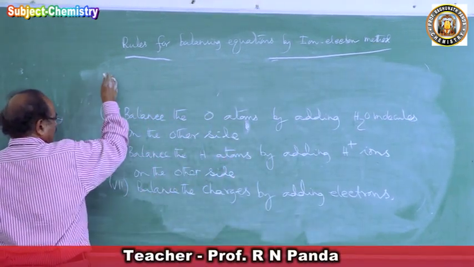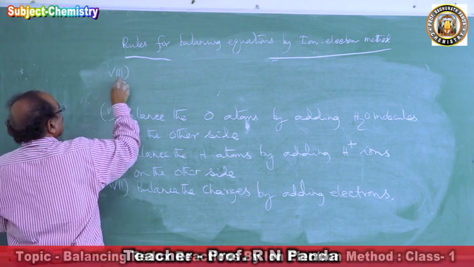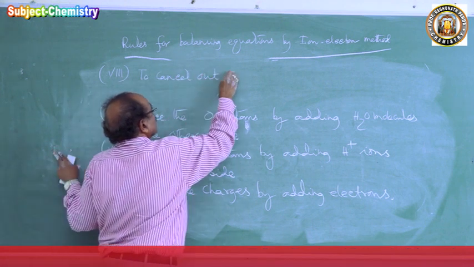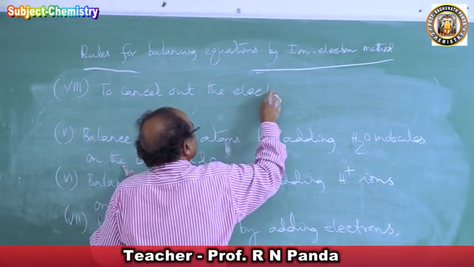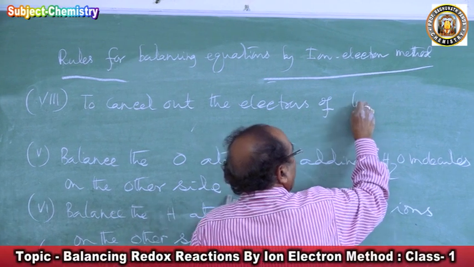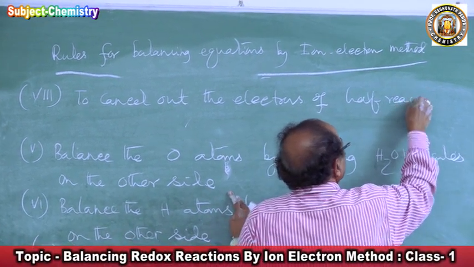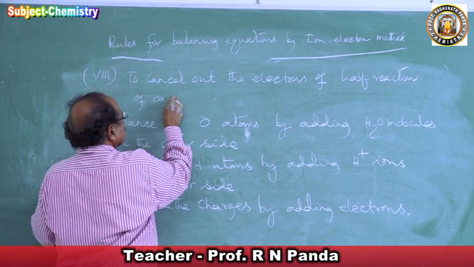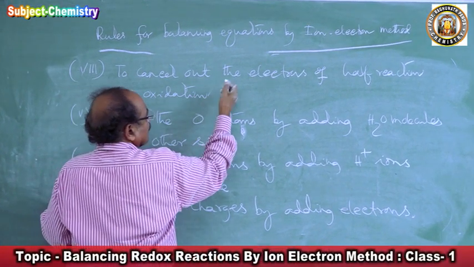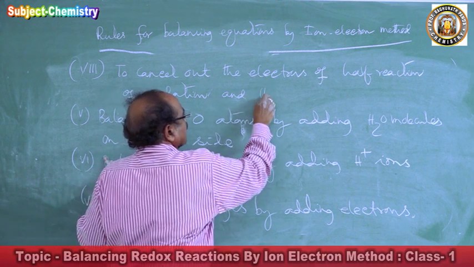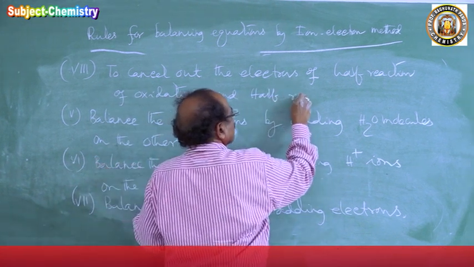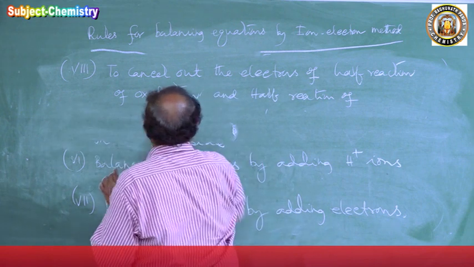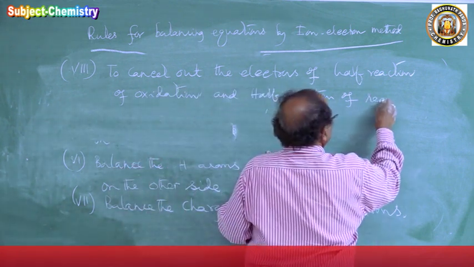We got the half reactions. Then comes the next step: cancel out the electrons of the half reaction of oxidation and the half reaction of reduction.